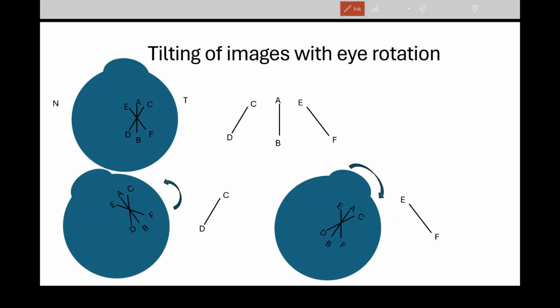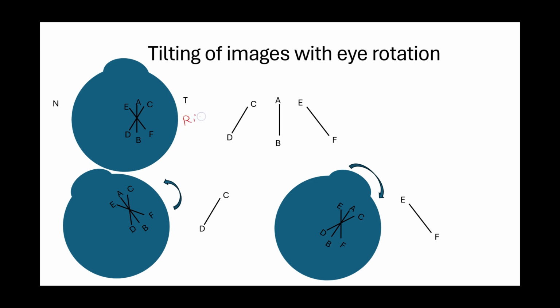So let's see how tilting of images happens with eye rotation. So here let's take the right eye as our example. So I have marked 3 lines: AB, CD and EF. Okay, so if a linear light falls on AB, it is seen as an erect image, very simple.